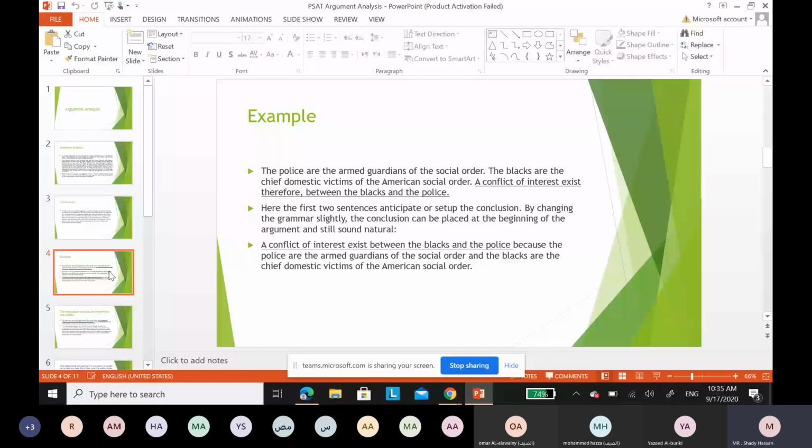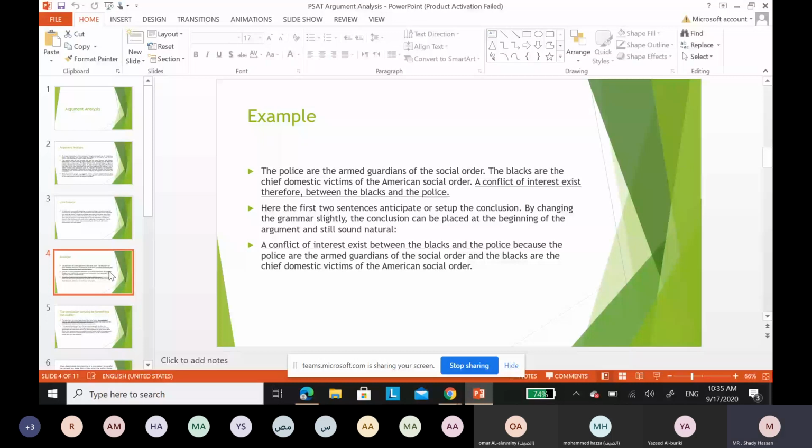The police are the armed guardians of the social order. The blacks are the chief domestic victims of the American social order. So, the conclusion: a conflict of interest exists, therefore, between the blacks and the police. The underlined part at the end is the conclusion. I conclude from what I have read in the first and second sentences that a conflict of interest exists between the blacks and the police.